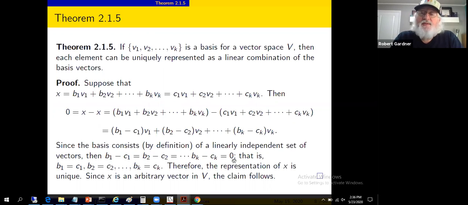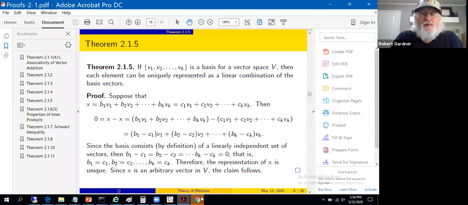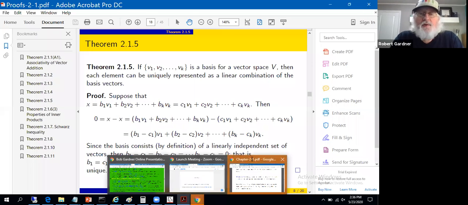They must all be the zero scalar. Or in other words, b1 equals c1, b2 equals c2, and so forth. So that representation for vector x was, in fact, unique. The coefficients you use are determined by the vector x itself. Exactly the kind of proof you might show in sophomore linear algebra, in fact. And a good one because it's an easy one.